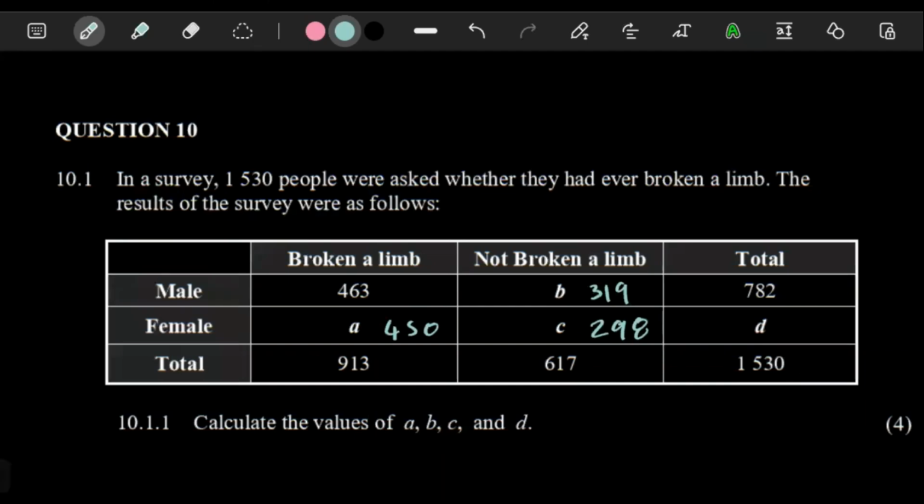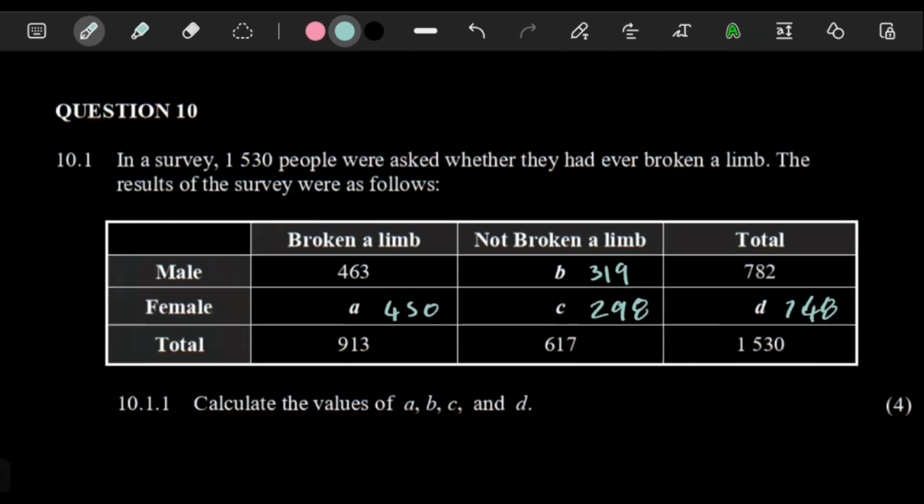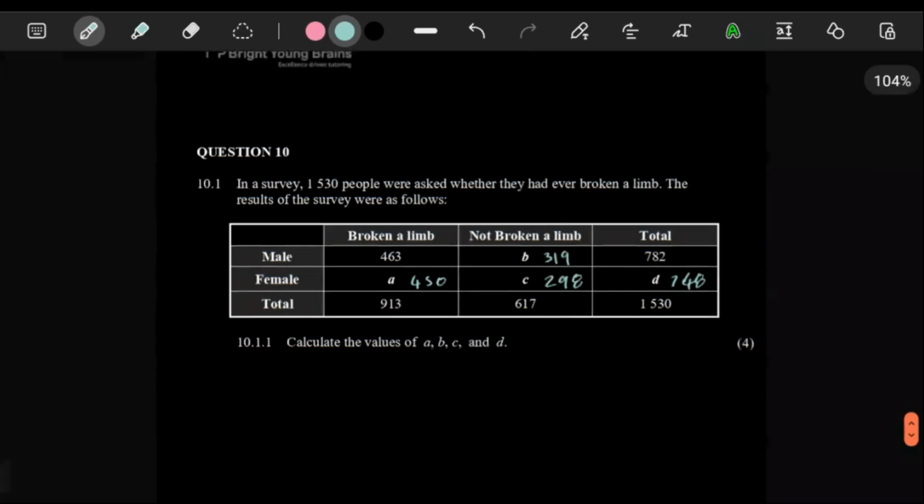This minus the value right at the top there will give us D. So 1530 minus 782. This is giving us 748. There you go. So with that being said, we have our 4 marks. We can now move on.